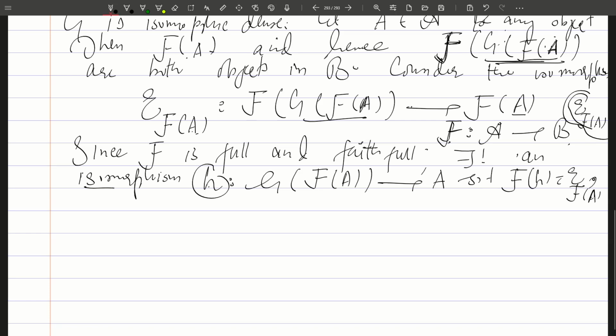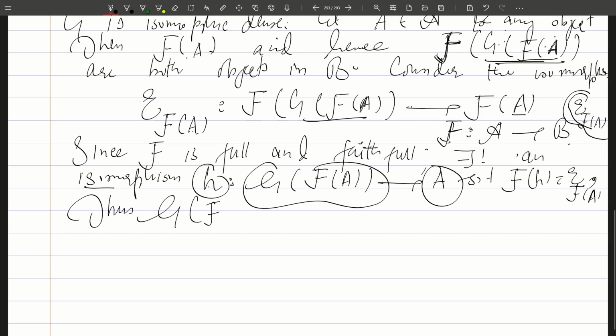If H is an isomorphism, that means this object and this object are isomorphic. So thus G of f of A is isomorphic to A. So this is what we had to prove.